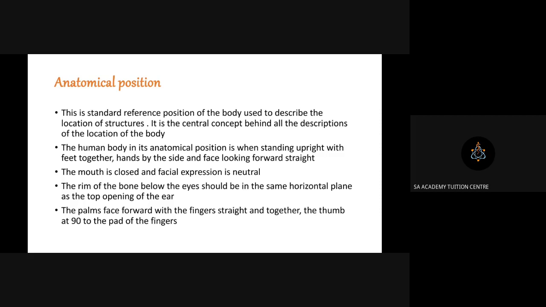The rim of the bone below the eyes should be in the same horizontal plane as the top opening of the ear. The palms should face forward with fingers straight down and together, the thumb at 90 degrees to the pad of the fingers. So this is what we're talking about.